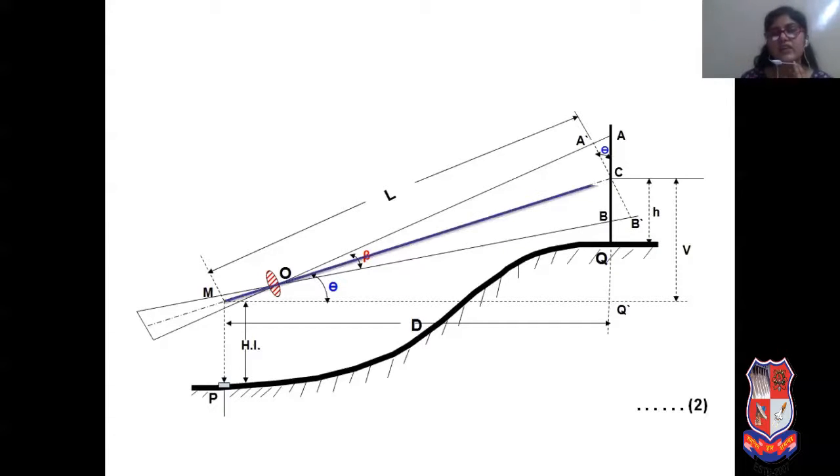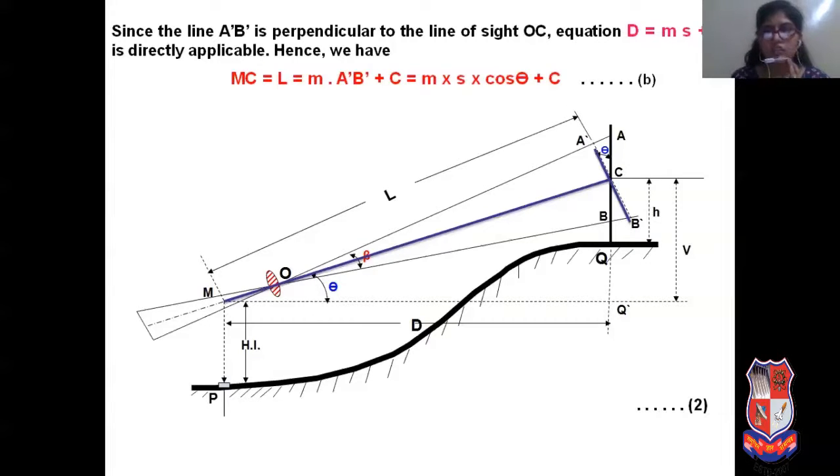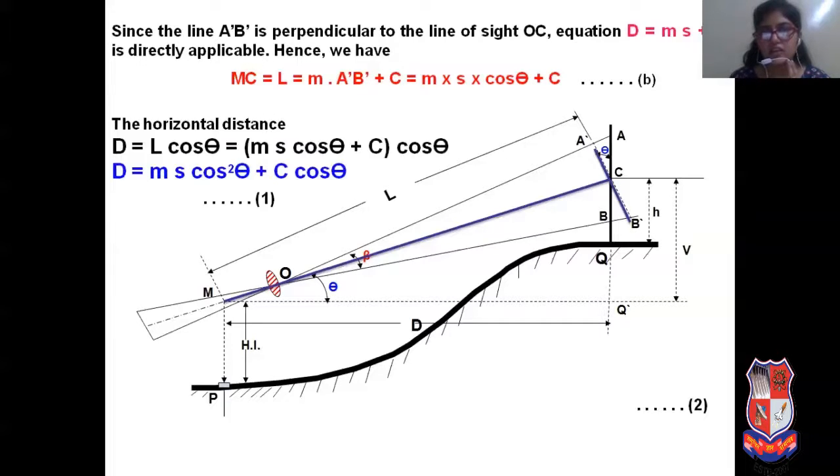Since the line A dash B dash is perpendicular to the line of sight OC, we can directly write the equation L is equal to MS plus C. In this equation, M is a multiplying constant and S is the staff intercept. So for A dash B dash, we can write AB cos theta, and AB is the staff intercept.